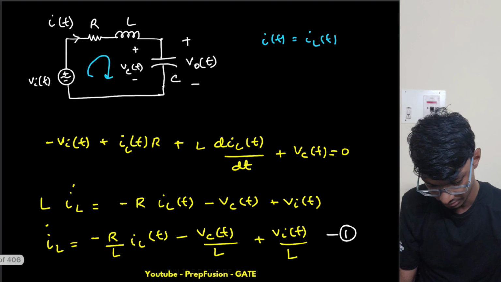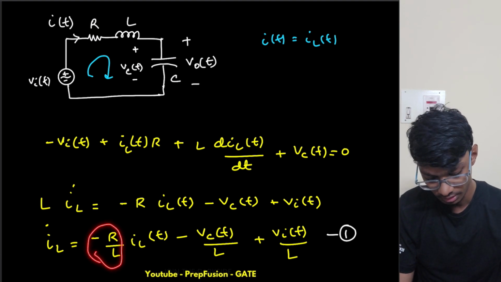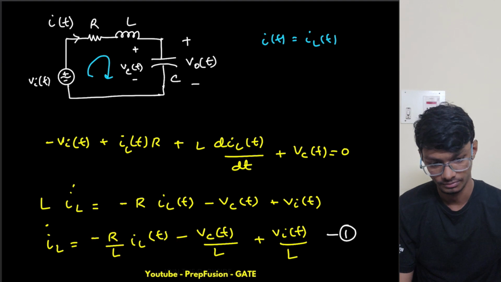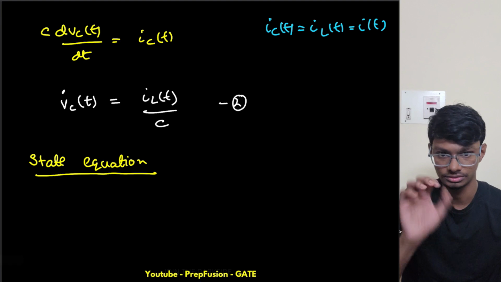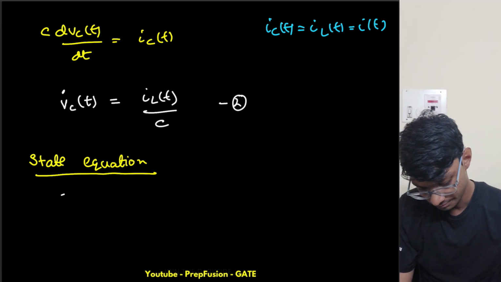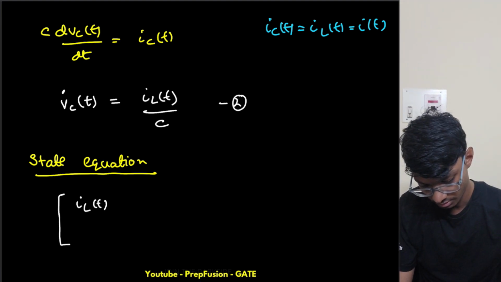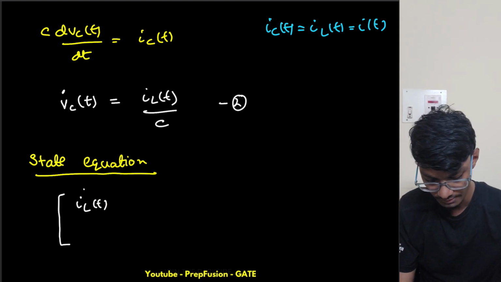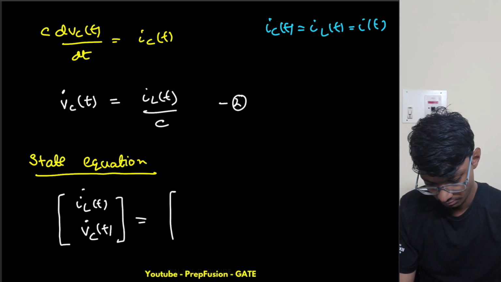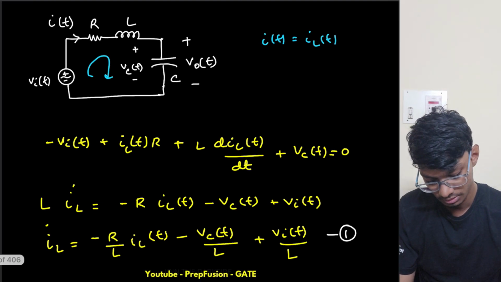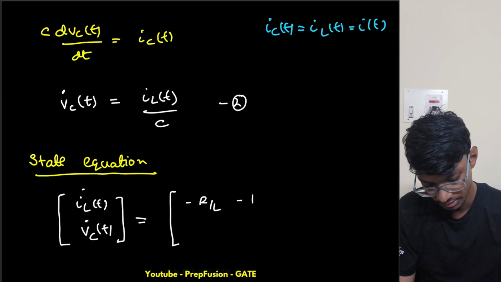This is the first equation: minus R by L, minus 1 by L. Let me first write the equation, then I will explain it to you. This is minus R by L, this is IL, this is 1 by C, and this is 0 only.